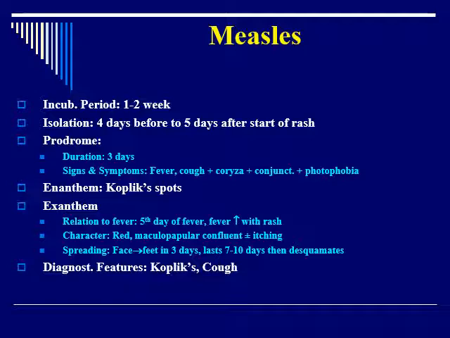Measles is characterized by severe prodroma, including high temperature up to 40 degrees centigrade or more, conjunctival congestion and photophobia, severe rhinorrhea, and severe dry cough.